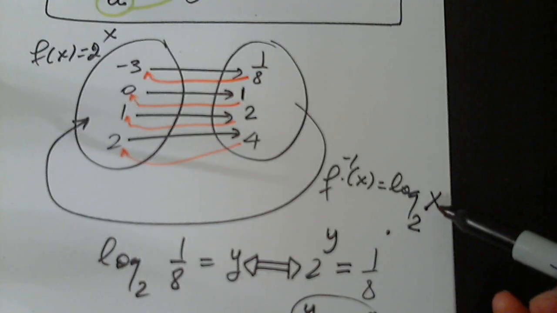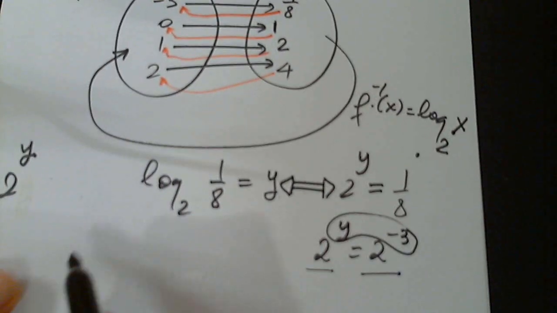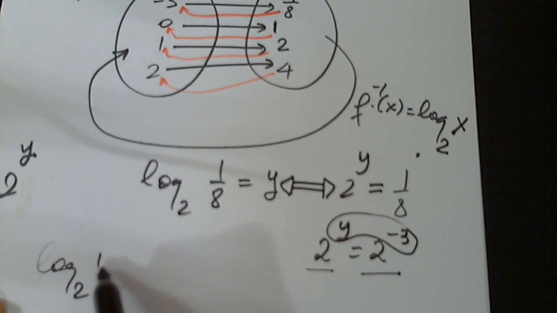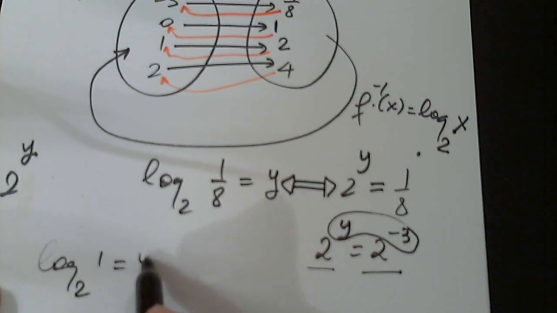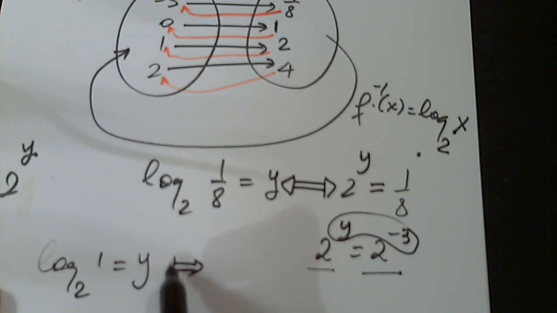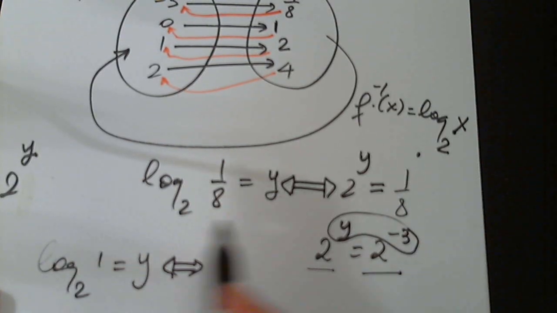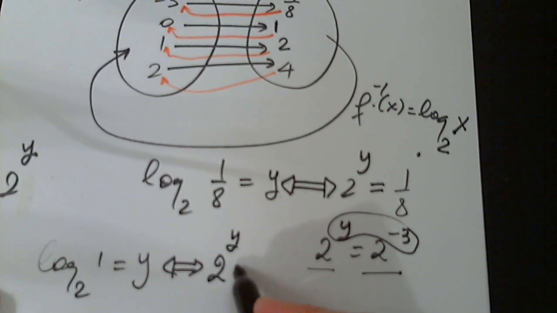Now, we apply log base 2 to 1. I have no idea what this is, but I know that 2 raised to y equals 1. What can y be? 2 raised to which power is 1?